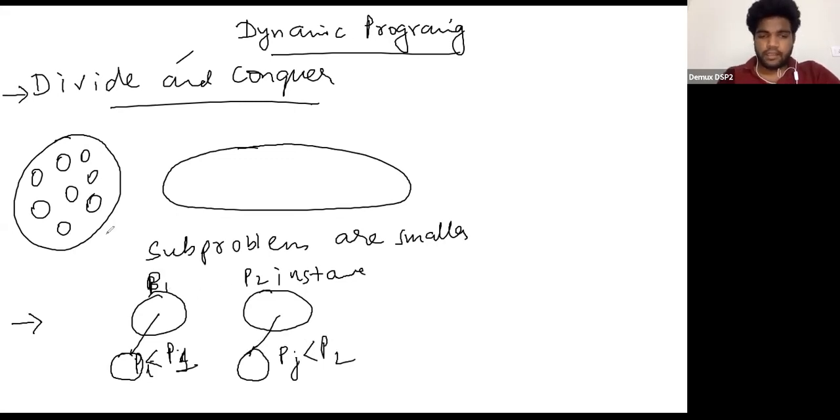In dynamic programming, it will happen that the smaller problems come out to be the same for different bigger problems. And that's when we say that when we are solving a smaller problem again, we don't need to do that again. Instead, we can reuse the solution that we obtained when we were solving P1. And that's basically the idea of dynamic programming.